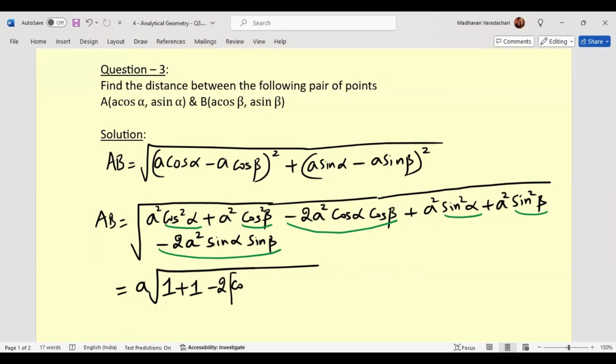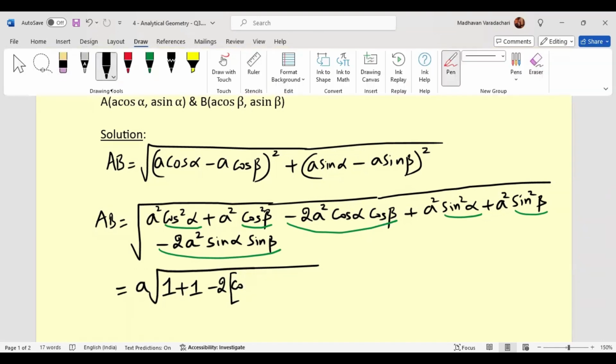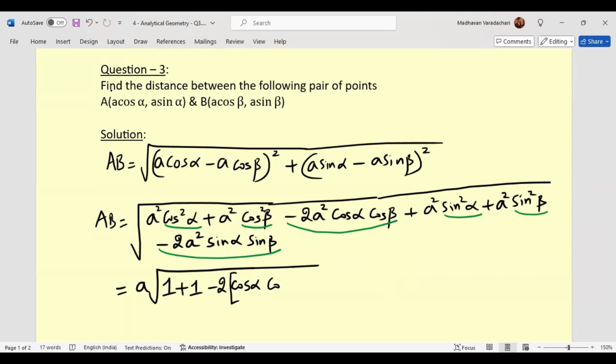So we will have cos alpha, cos beta plus sin alpha, sin beta. That means we have taken everything into consideration.